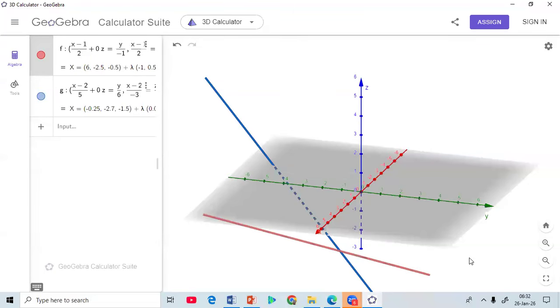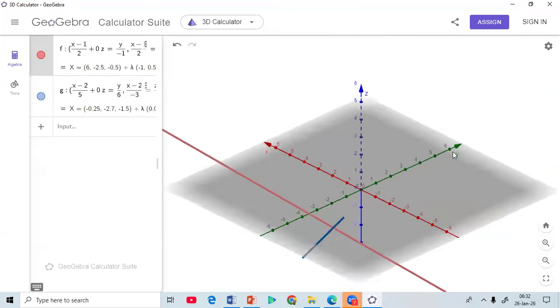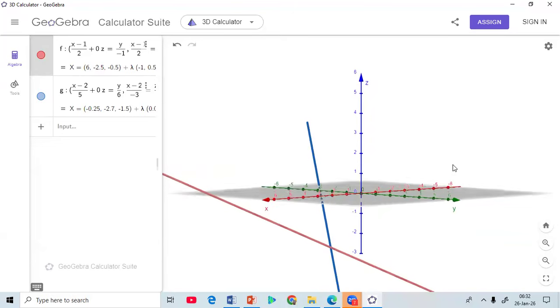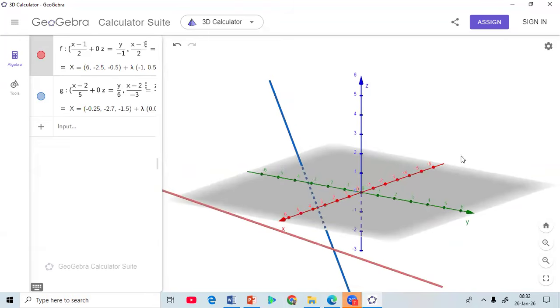This one is the first, the blue line, and this is the red one. You can see that the two lines do meet. If the lines are meeting, then we can find out the other part. Hope that is okay.